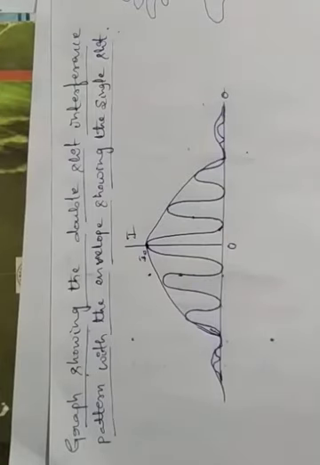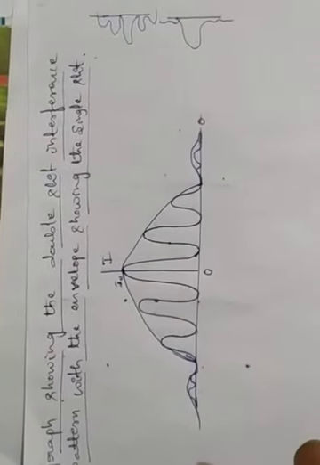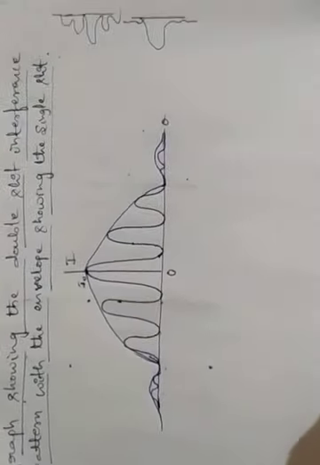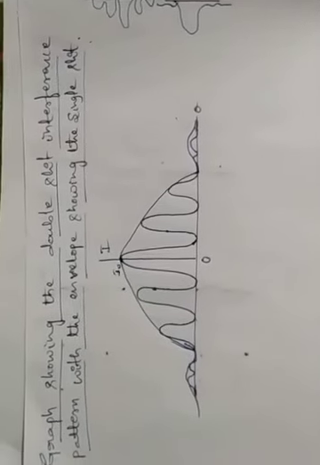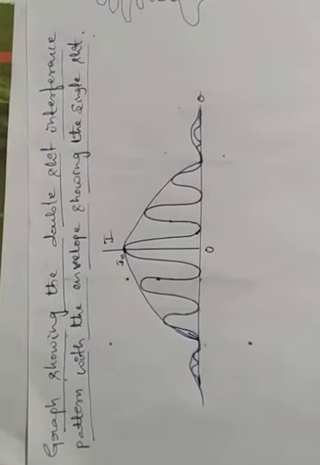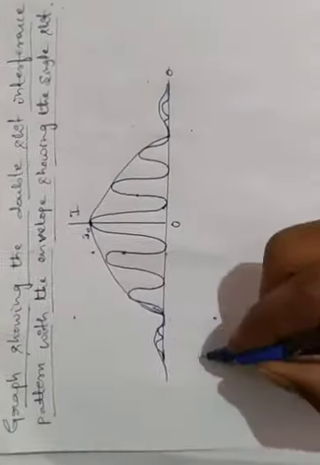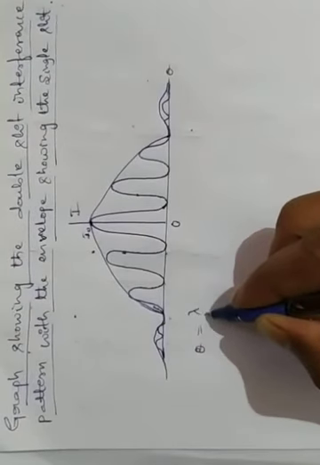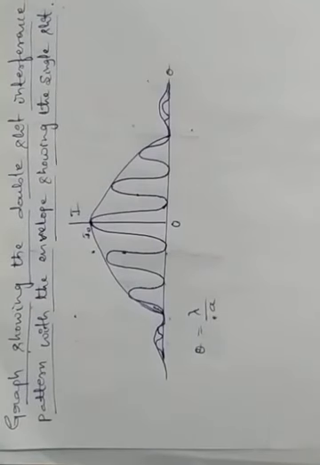Okay, suppose theta is the angle of diffraction for the first secondary minima. In that case, the angular width of the central maxima: we know that theta is equal to lambda by a.